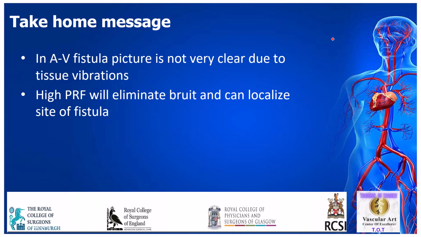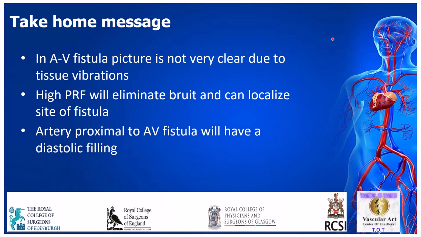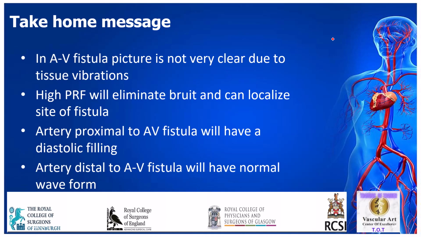A high PRF will eliminate the bruit and localize the site of the fistula, but it is sometimes difficult. The artery proximal to the AV fistula will have a diastolic filling phase, while distal to the fistula will not have a diastolic filling. And the waveform of the artery and the vein is obviously very different and will give you a clue about the diagnosis.